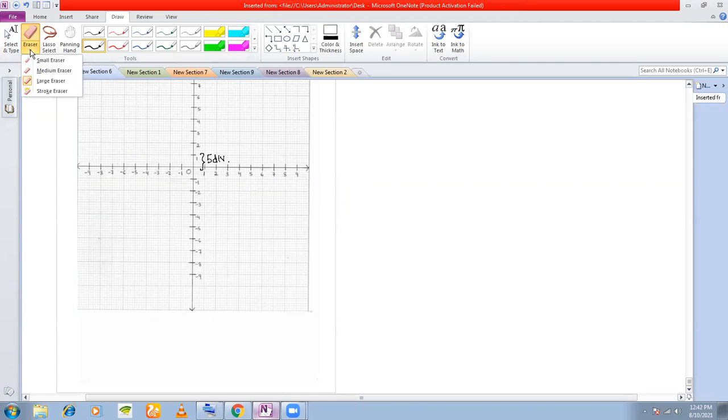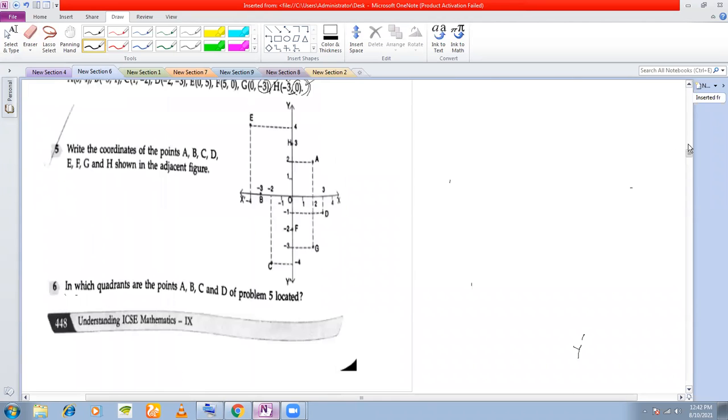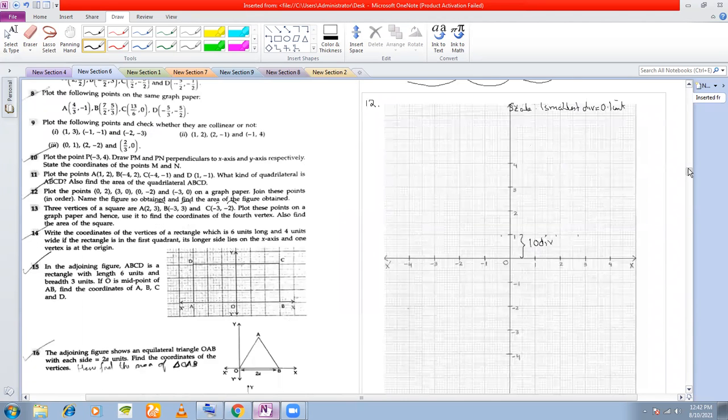Understood? So that's why your earlier graph paper, we will not use this scale. We'll use this one only, because this is a bigger scale and we are able to accommodate all the points in the graph. Okay. So let's use this scale. So you draw your scale according to this and you mark your axis.